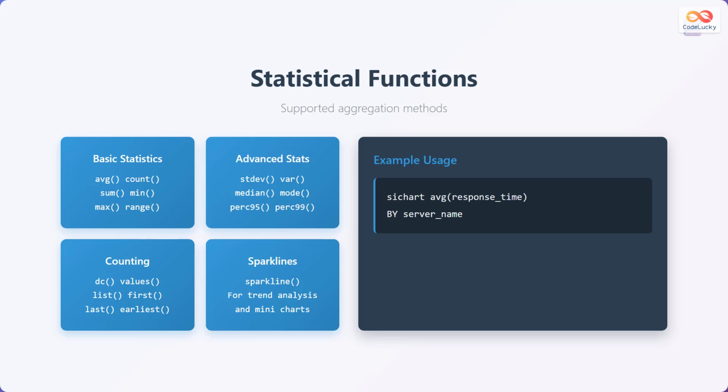Counting functions include distinct count, values, list, first, last, and earliest functions. Additionally, the command supports sparklines for trend analysis and creating mini charts within your data. These functions provide comprehensive statistical analysis capabilities for monitoring process performance and identifying variations in your data.